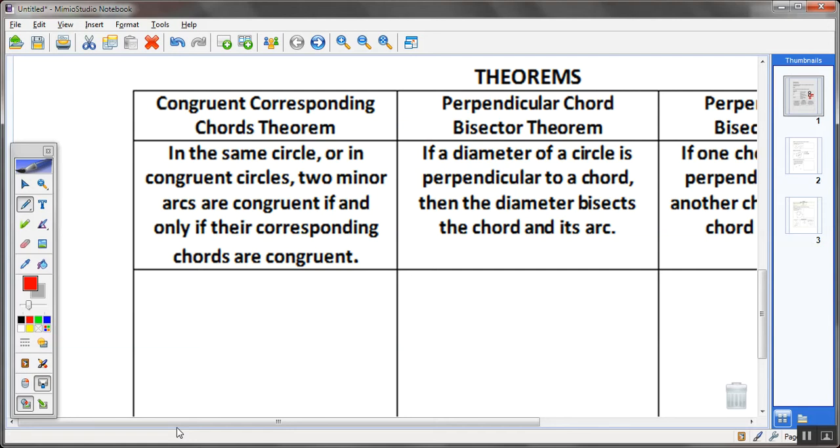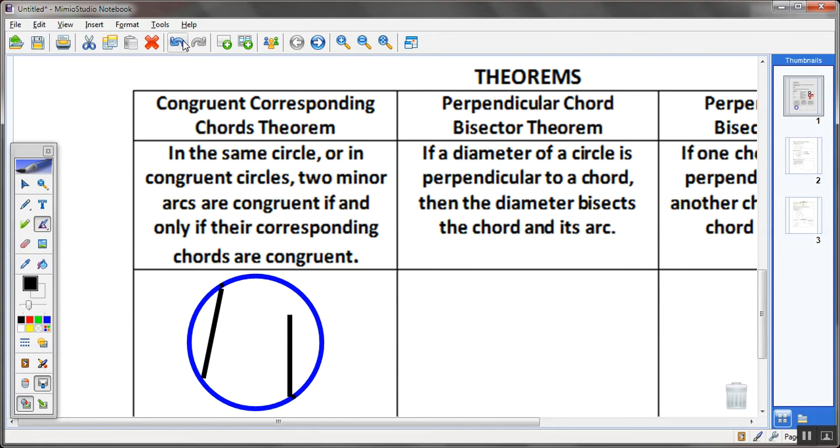So what they're saying is this. If I have a circle and I label a chord right here, let's just make a chord that goes like so from here to here. And let's do another one, maybe here to here. Gosh dang it.